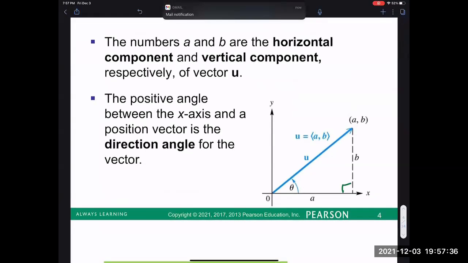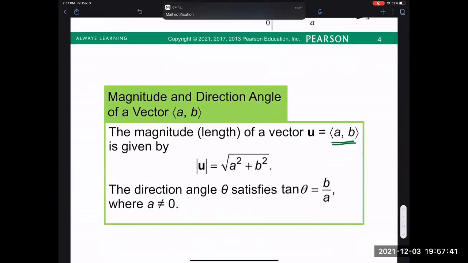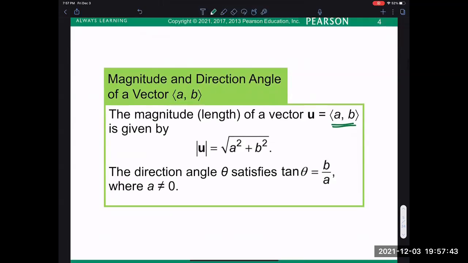We can express that in terms of those a, b values of the terminal point, because we know that the direction angle theta would satisfy that the tangent of that angle is opposite over adjacent, or b over a, where a is not 0, because then obviously it would be undefined.